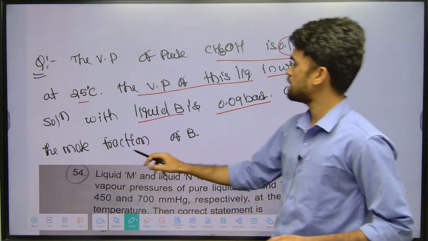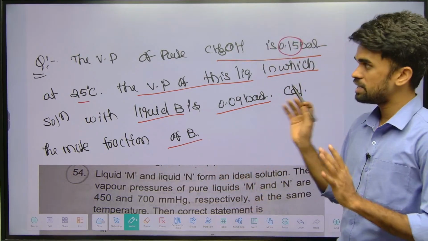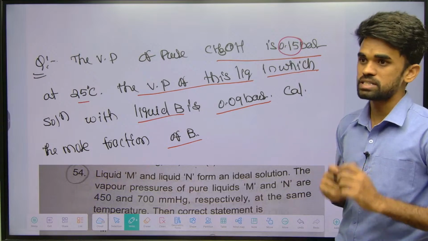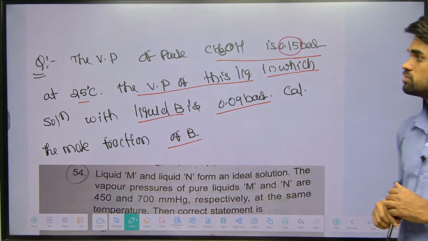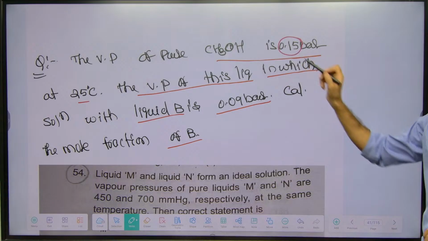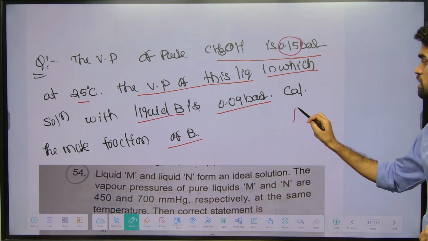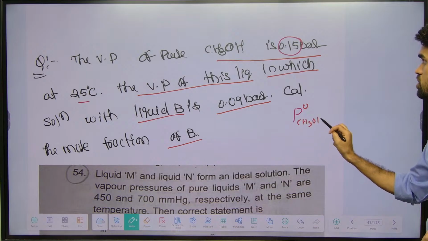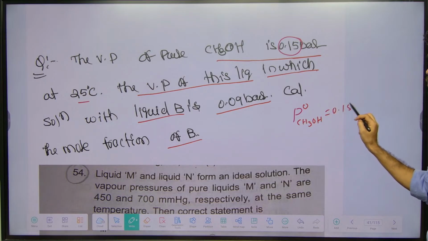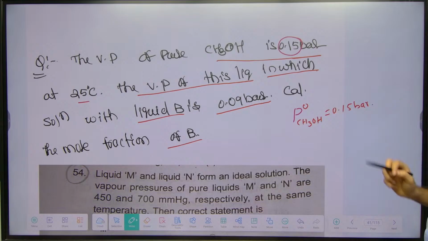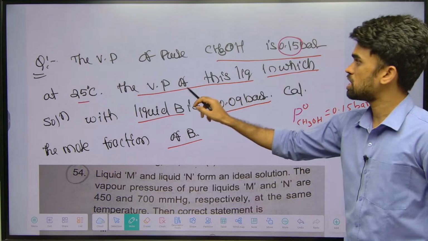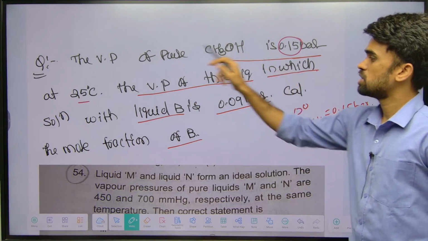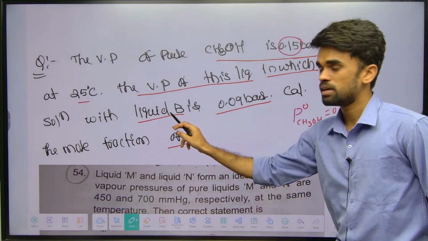Okay, calculate the mole fraction of B. Once again read the question, what they are saying. Try to understand the data provided. Vapor pressure of pure methanol. It means what is the indication for that? P naught of methanol. How much? 0.15 bar.